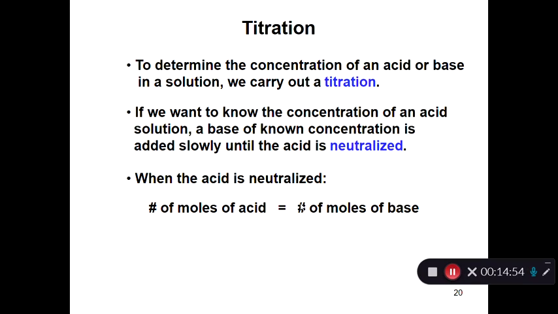So when I say quantity of base is going to be same as quantity of acid, it means we are talking about moles. Moles of acid must be same as moles of base.